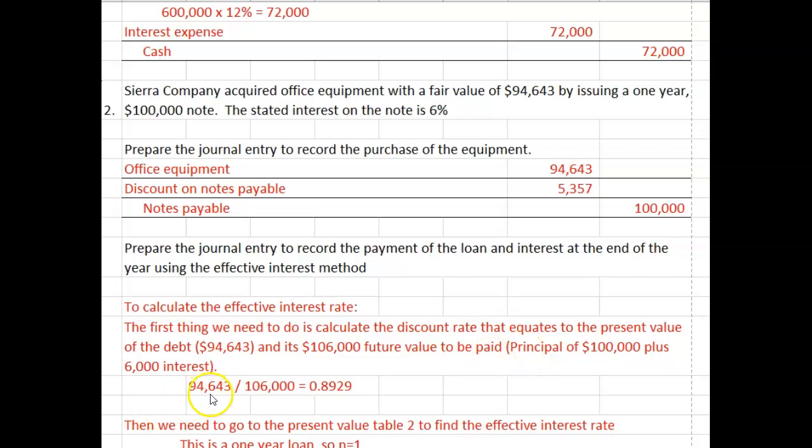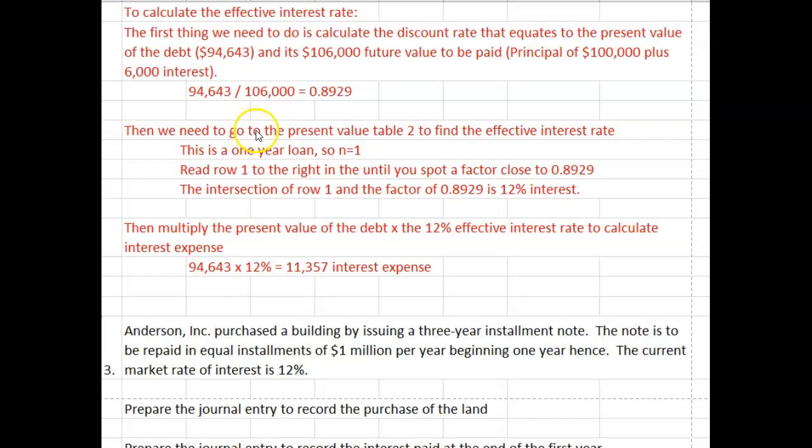So $94,643 divided by 106,000 equals 0.8929. Then we need to go to the present value tables, Table 2, to find the effective interest rate. This is a one-year loan, so n equals 1.